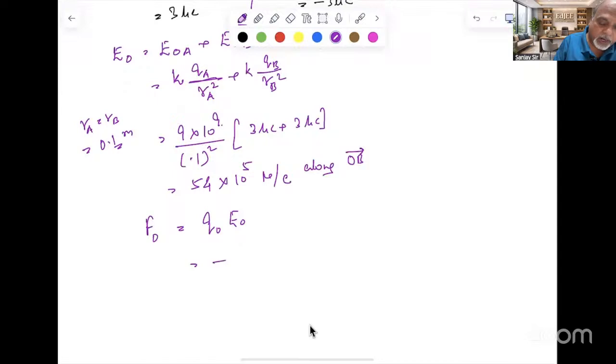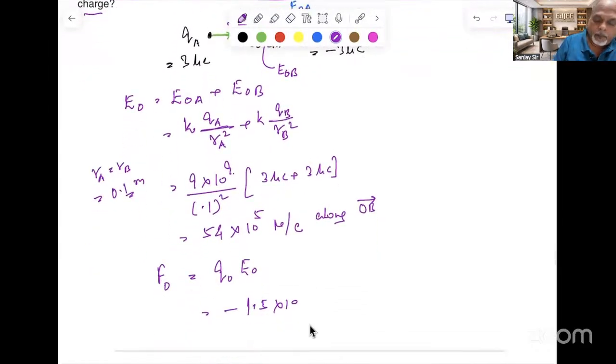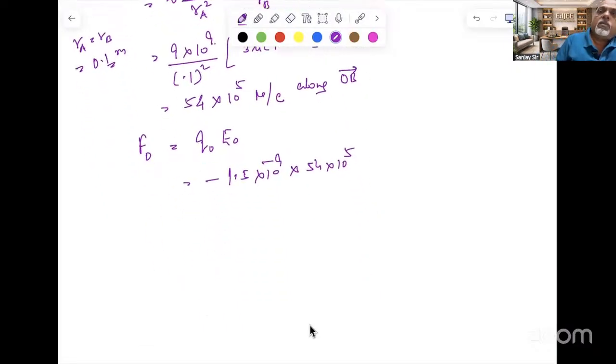So minus 1.5 into 10 raised to minus 9 into 54 into 10 raised to 5. If you calculate it, it will come around 8 into 10 raised to minus 3 Newton.